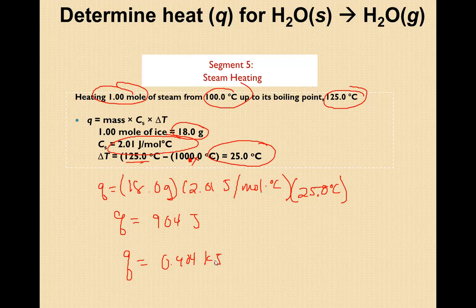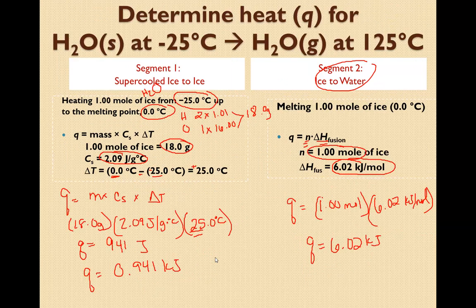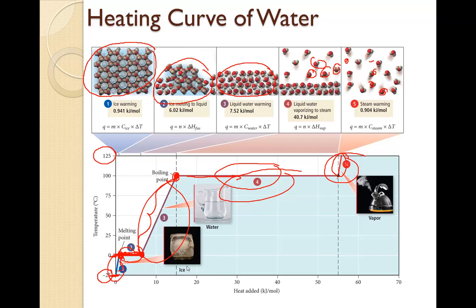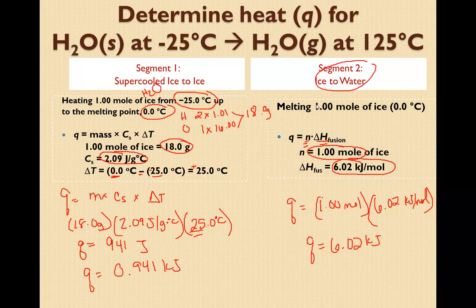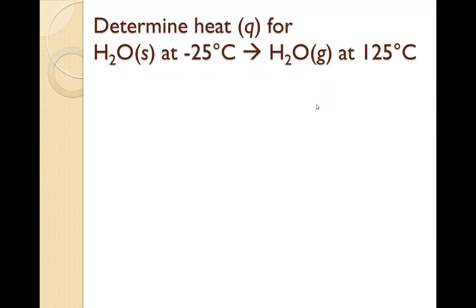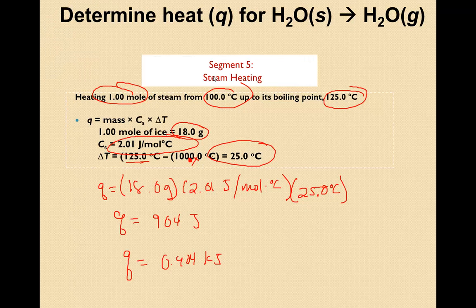Now, in order to figure out the amount of energy it takes to go from negative 25 all the way up to 125, we have to add all these segments together, which means we're going to add 0.941 plus 6.02.